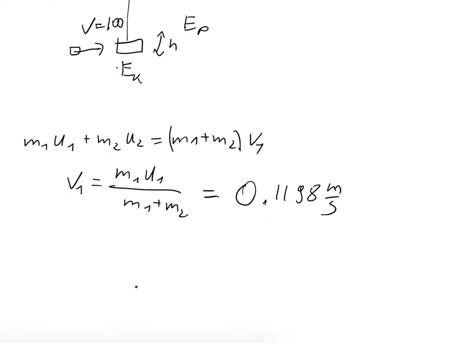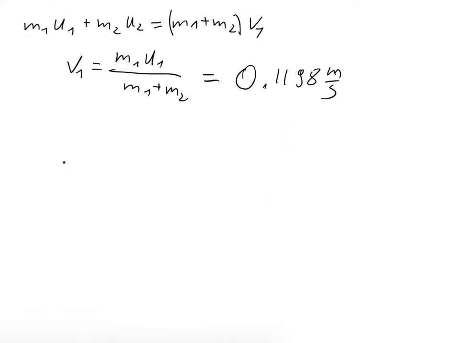Then we can use that solution to find the height to which the two objects will rise. The kinetic energy of the two objects together, mv squared over 2, will be the same as the potential energy once the motion of that object is stopped at some height h. Let's call it mgh. You can note that we can cancel the two m's, and we want to find what h is.